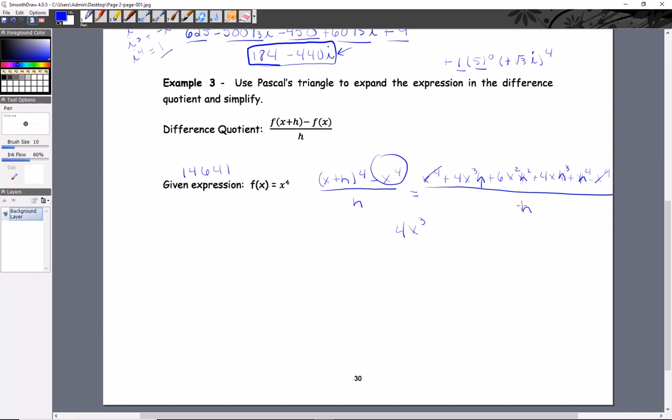Because that'll take out that h, plus 6x squared h, plus 4xh squared plus h to the 3rd. And that is what it is. Okay? So sorry, I'm so used to x's and y's that I forgot I was dealing with h's here.